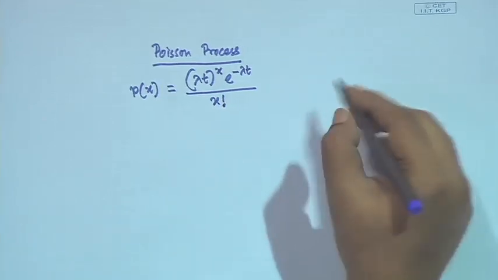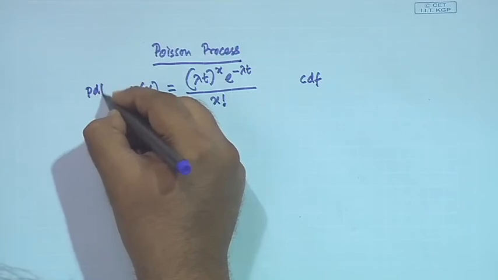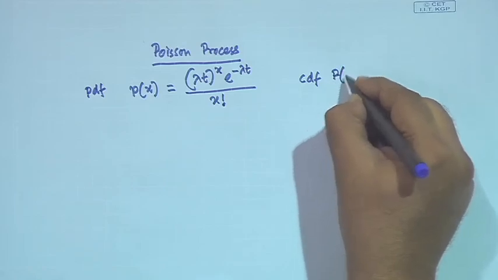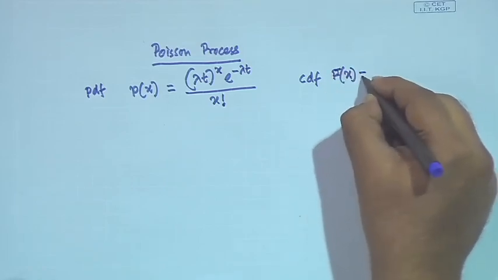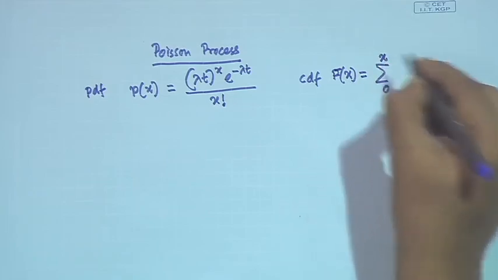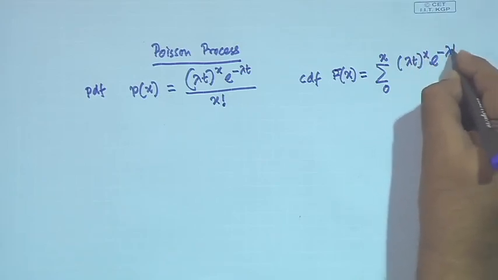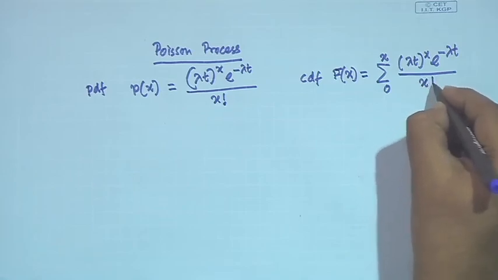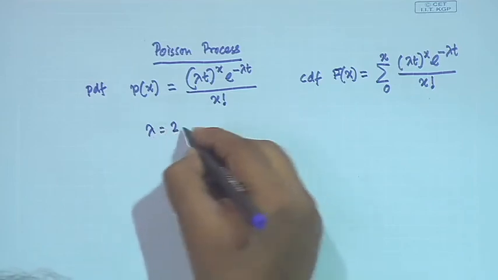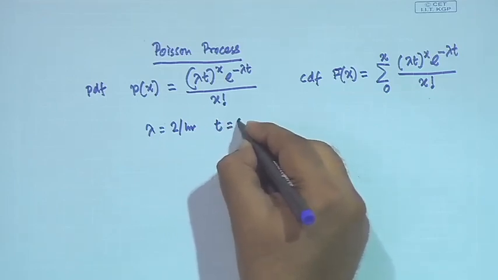Now, what is the CDF? This is the PDF; the CDF will be F(x), because this is a discrete process, the sum over 0 to x.